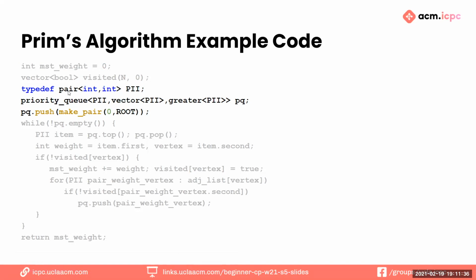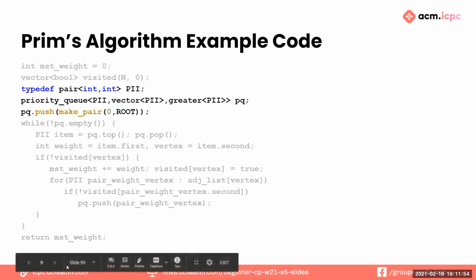So if I say PII, that refers to pair of int of int. And I use that to create my priority queue of pairs of ints. And then I push in the pair that is 0 and root, as I stated in the pseudocode.